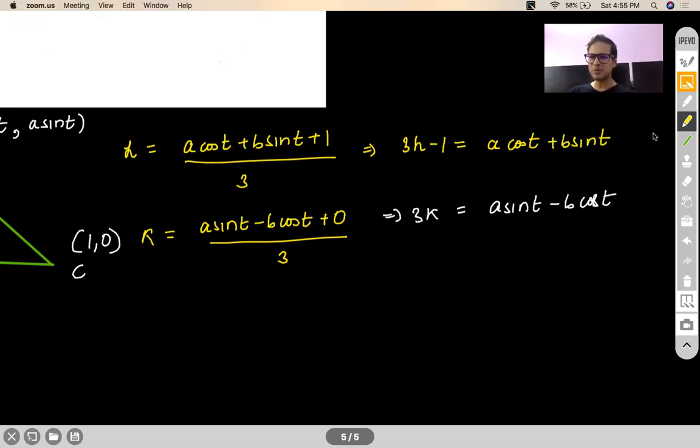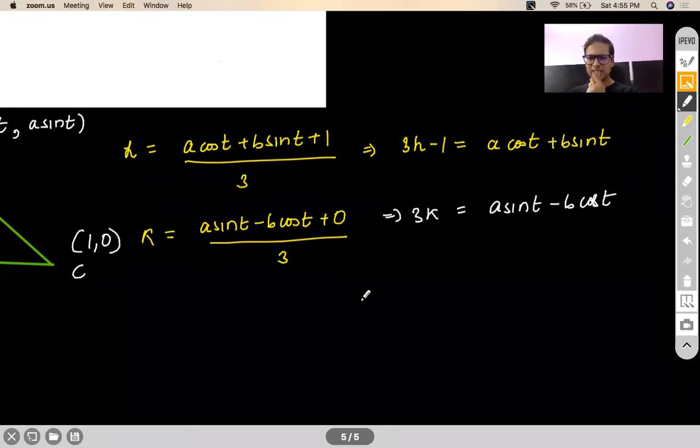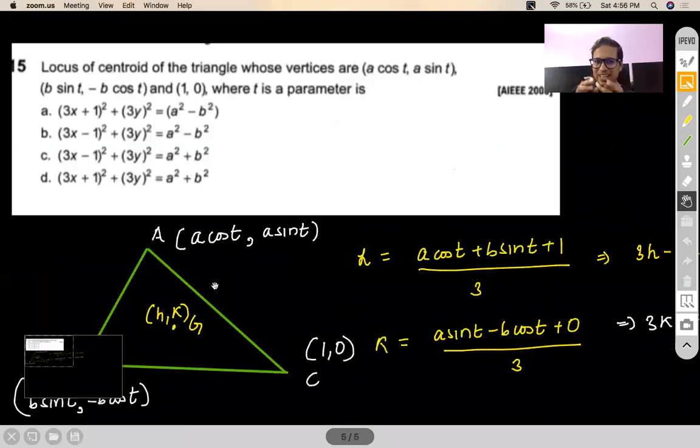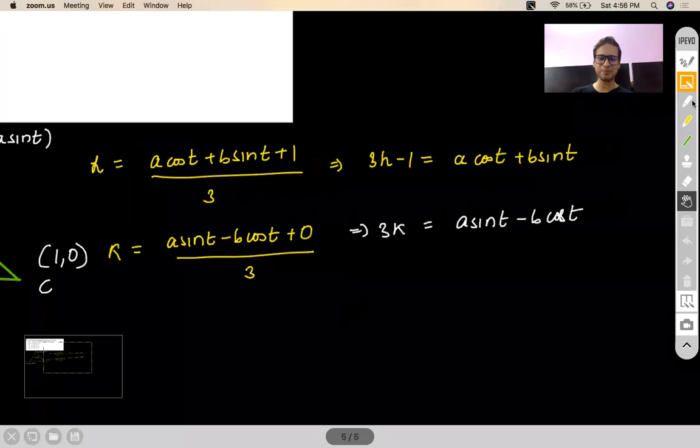So what I'm going to do here is, my common sense and experience of dealing with trigonometry says, let us square them and add them. That hint is also there in the options. If you see in the options, squaring and adding things are happening, so options also give you a kind of hint.